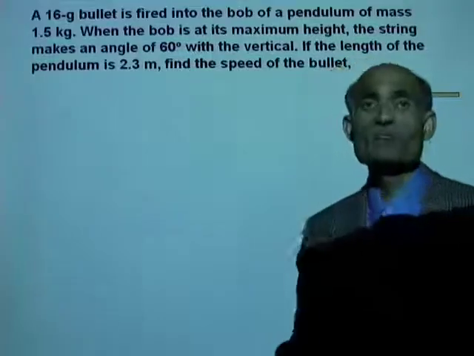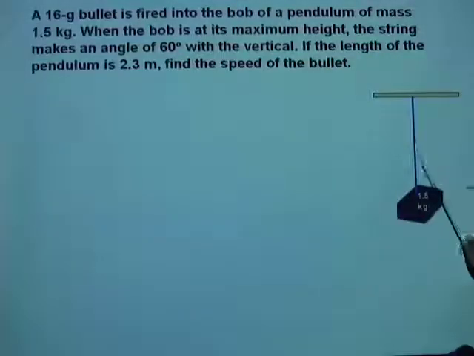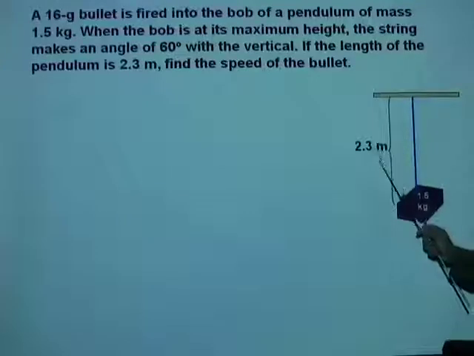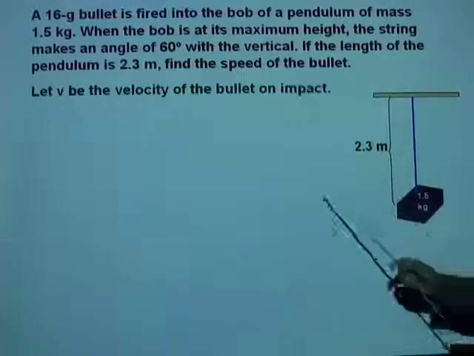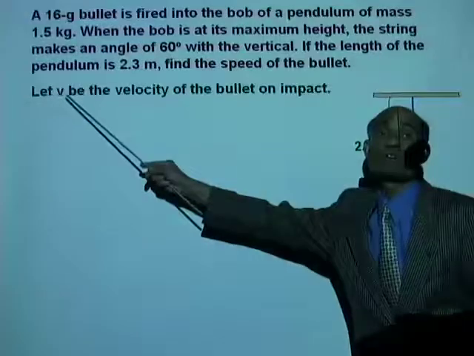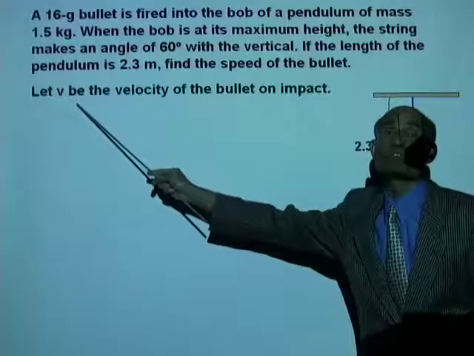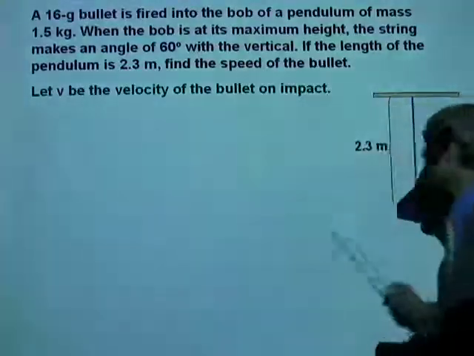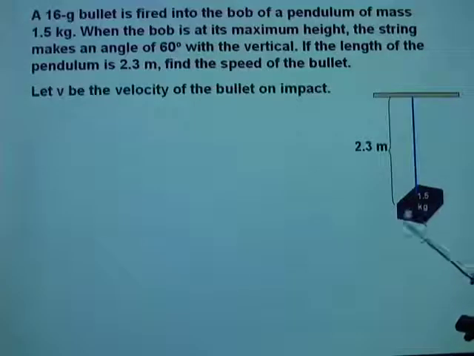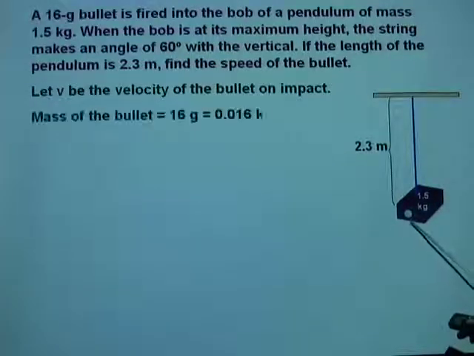Well, I have done a very poor drawing here. This is the pendulum of mass 1.5 kilogram and length 2.3 meter. We don't know the velocity of the bullet on impact. Let that velocity be v. There it comes and impacts.